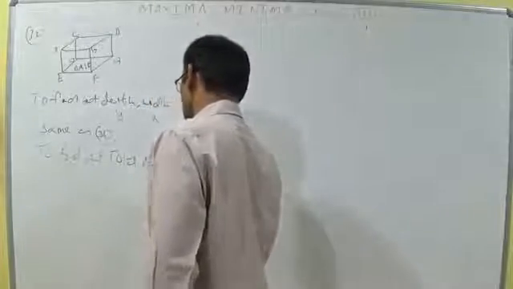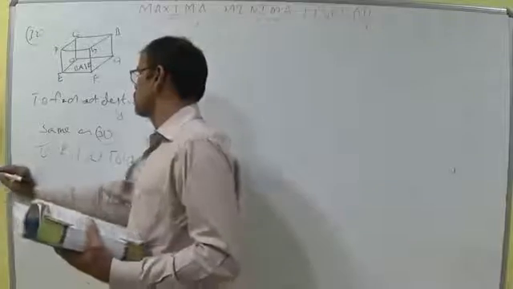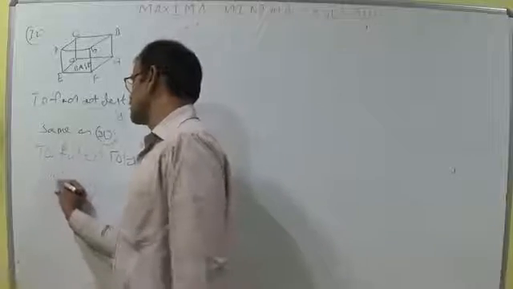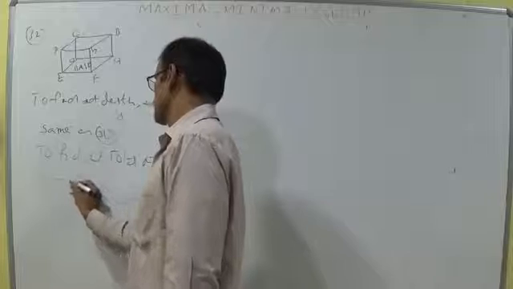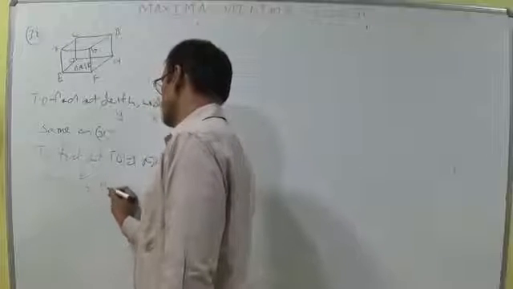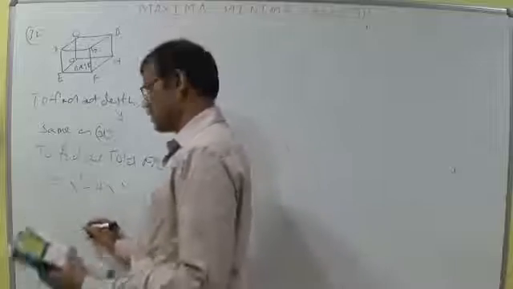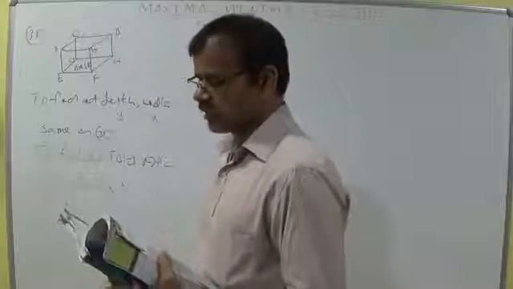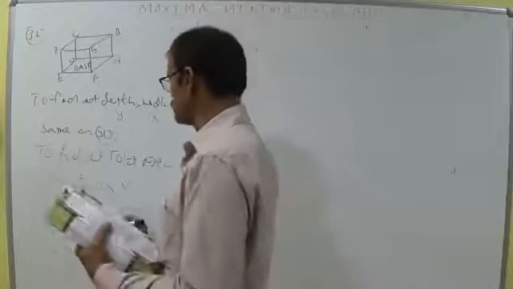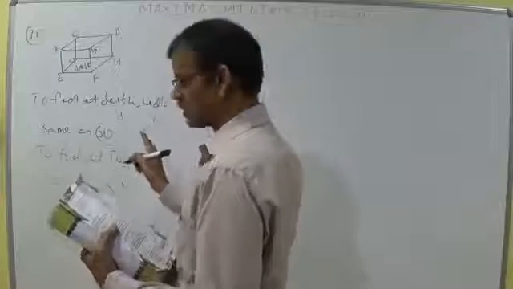Total area, in the 30th question we discussed, S is equal to first x square plus later 4xy. He is discussing it is least. So y and x only we thought.